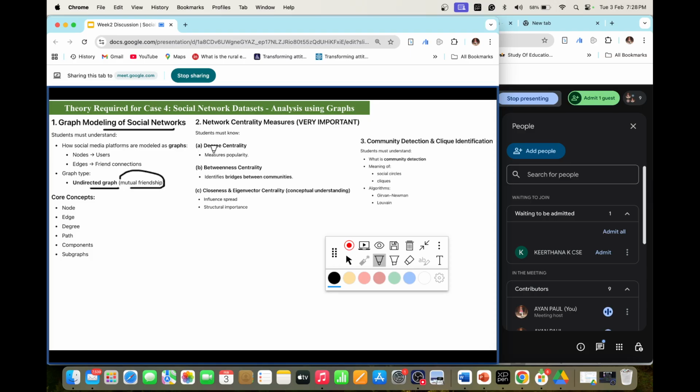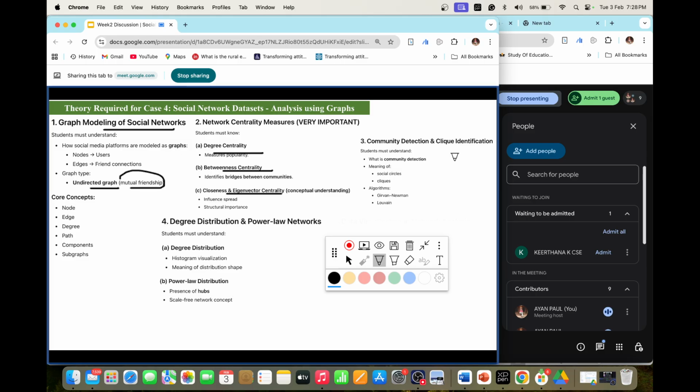Network centrality measures: degree centrality, betweenness centrality, closeness, and eigenvector centrality. Degree centrality measures popularity, betweenness centrality identifies bridges between communities, and closeness and eigenvector centrality indicate influence spread and structural importance. Then community detection and clique identification. What is community detection? Finding social circles, cliques, using algorithms.